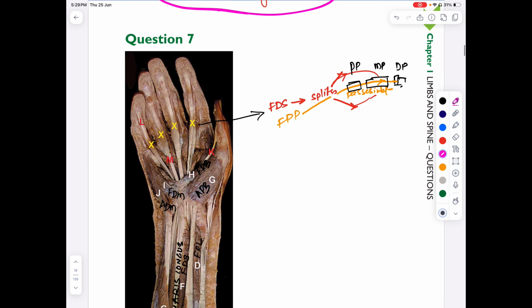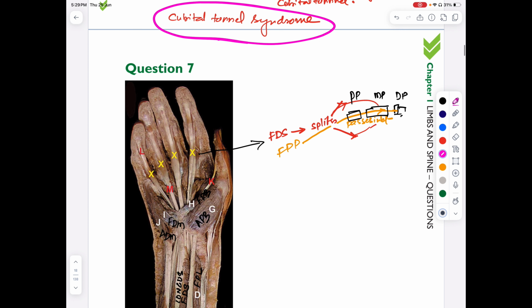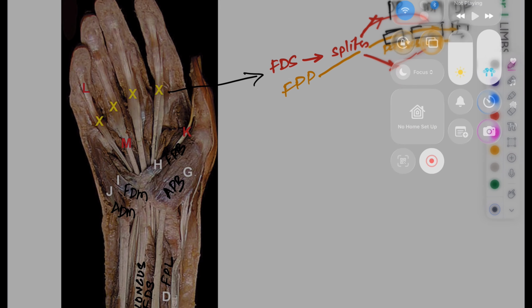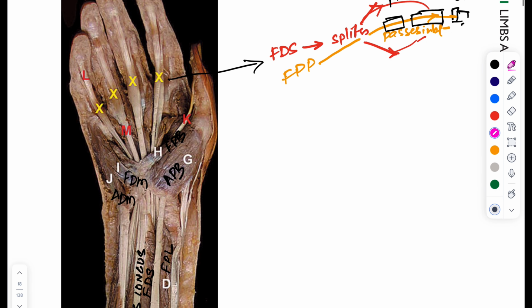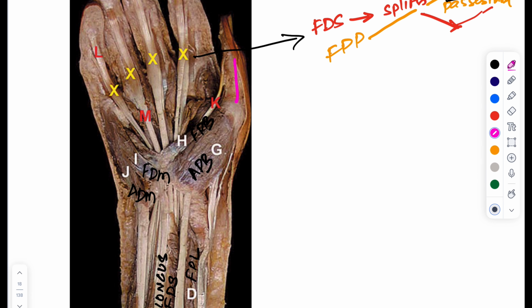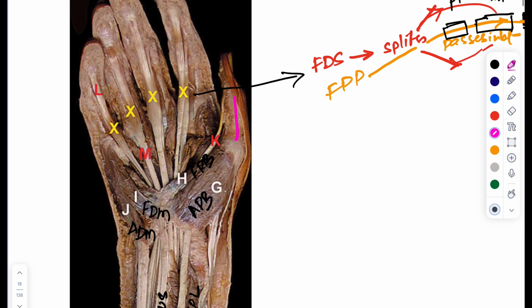So this is the next station, which shows a dissection. This is the thumb, this is the little finger, and this is the palmar or ventral aspect. What you see is the thenar part, and this one is the hypothenar.